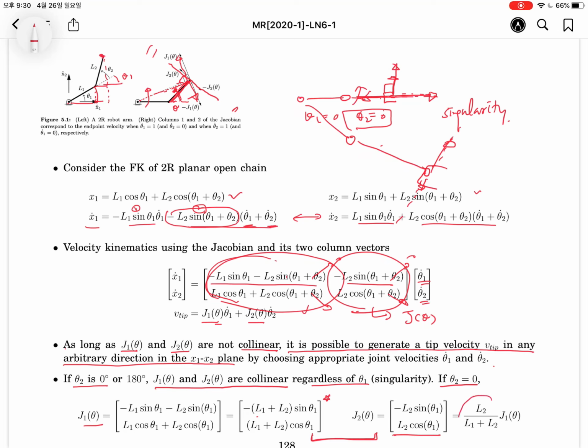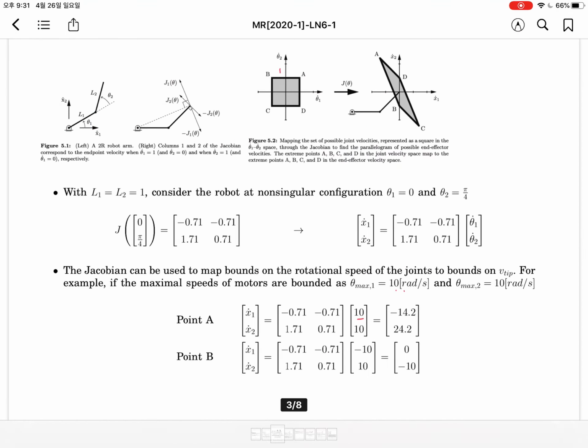So J2 can be expressed using J1 with scalar multiplication, which means both indicate the same direction. As numerical data, let's apply L1, L2, theta 1 and theta 2. At that time, we can get the numerical Jacobian matrix.